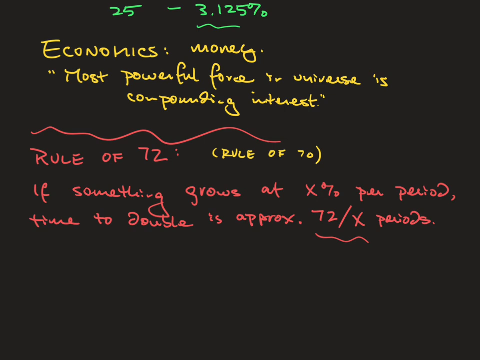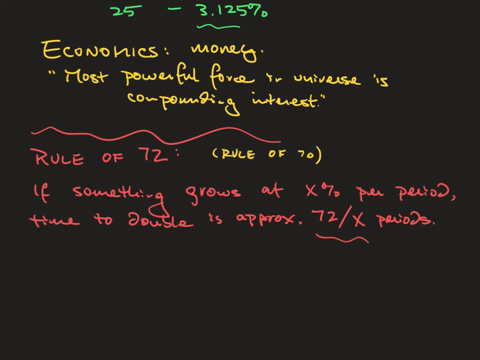So in other words, if you put your money into a savings account and it gets 6% interest per year, how long will it take your money to double? Everyone do the math? 72 divided by 6 equals 12 years.